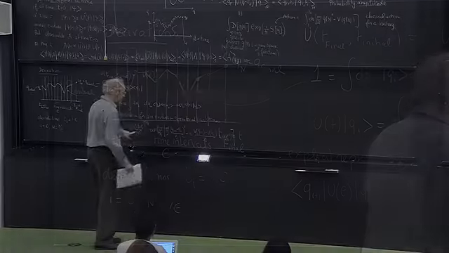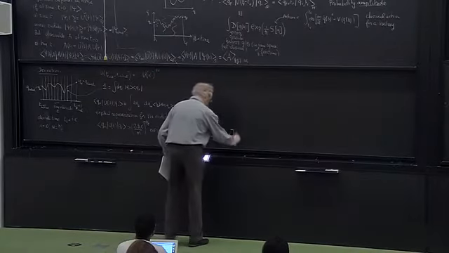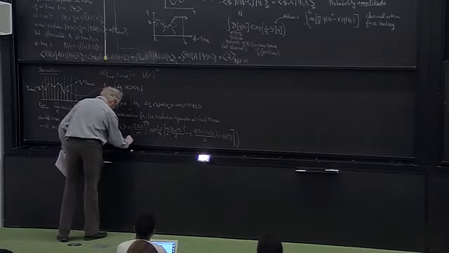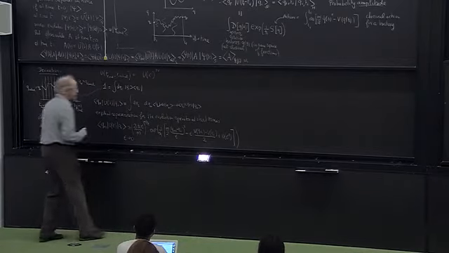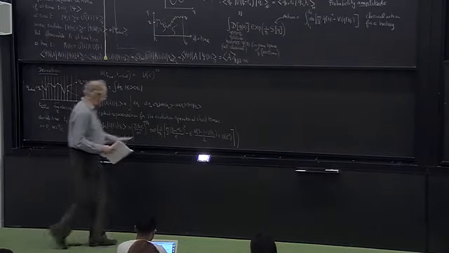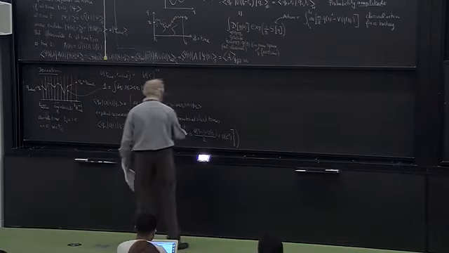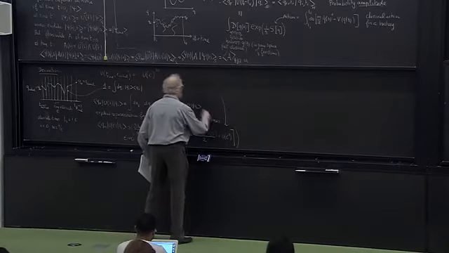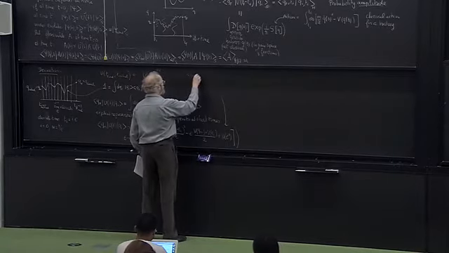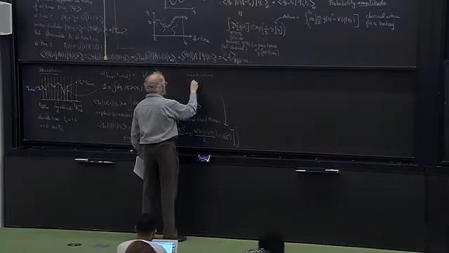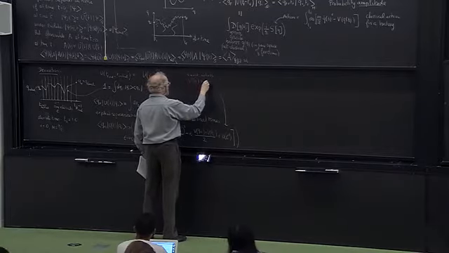Okay. And so this is an expression when epsilon is small. And this is an approximate expression, but it becomes exact when V of q is constant.